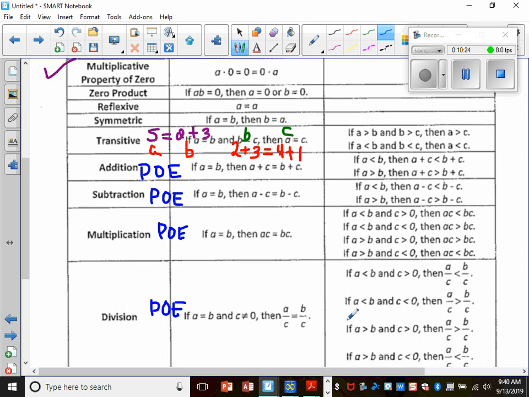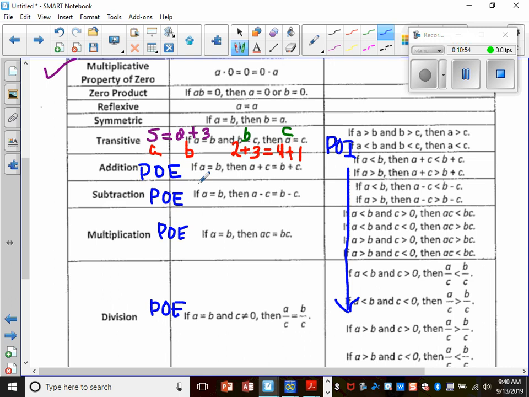So if I'm on this side, it's not going to be POE. What is it going to be? PO what? I. Very good. So I'm just going to draw an arrow all the way down. POI. So when you're naming these, you can't just say addition. You would have to say addition property of equality, or inequality. It's going to be very easy to tell because it's either going to have an equal sign or an inequality symbol.